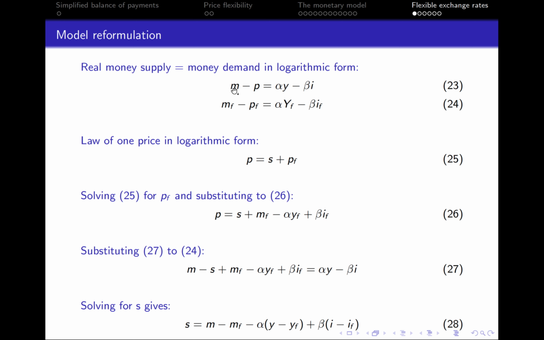Real money supply is M over P, but of course in logarithms we can change it into m minus p, just like we did before. And look here, of course, we've got money demand that you are more used to.